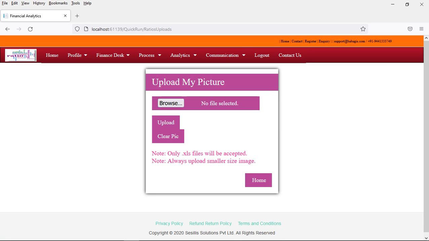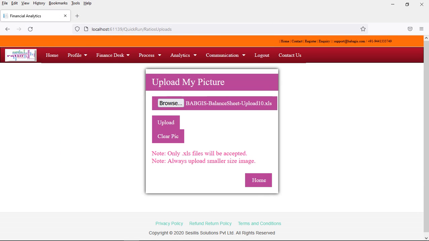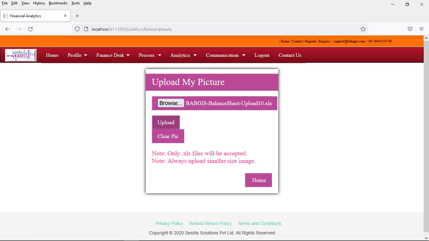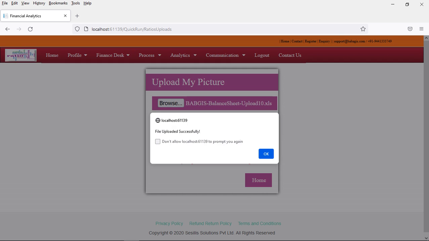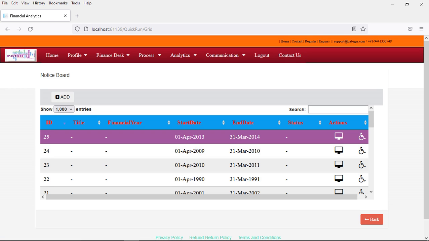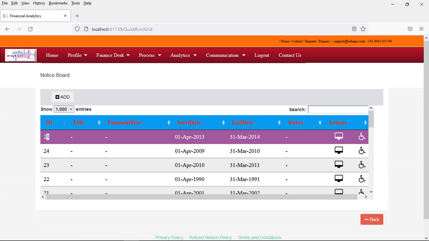This makes you understand your business very well, and you can also upload a balance sheet. Click on Add, click on Browse. It will take you to the folder, where you select a particular balance sheet and say upload. It does the uploading now. Okay, uploaded successfully.